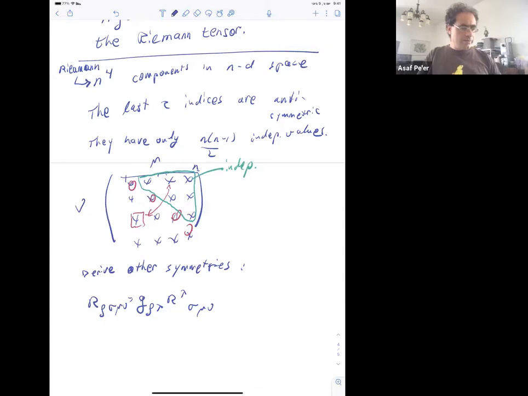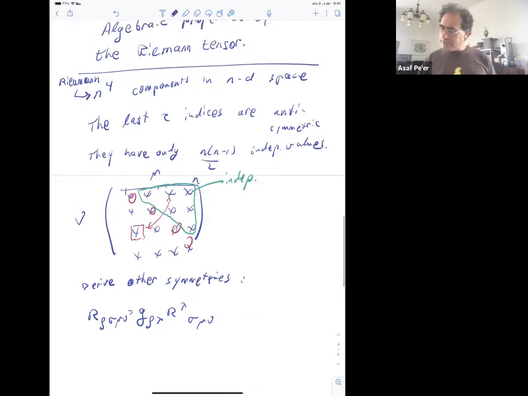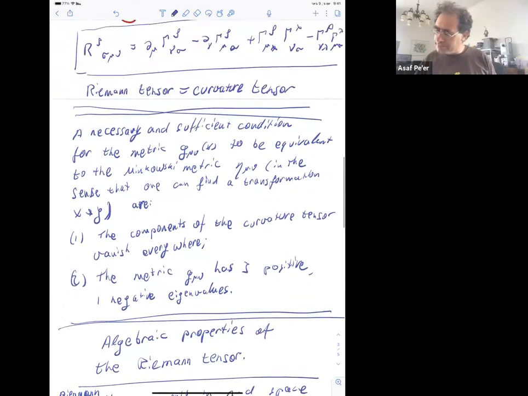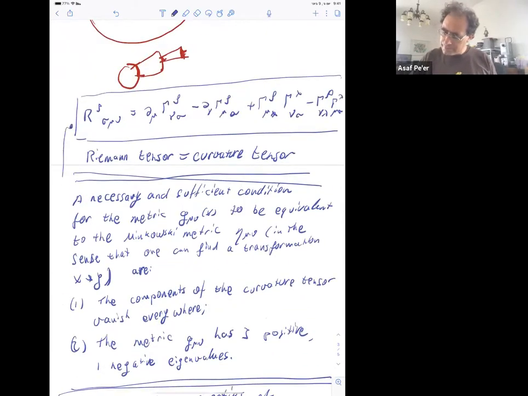And then I am just going to use the definition of the Riemann tensor from here.